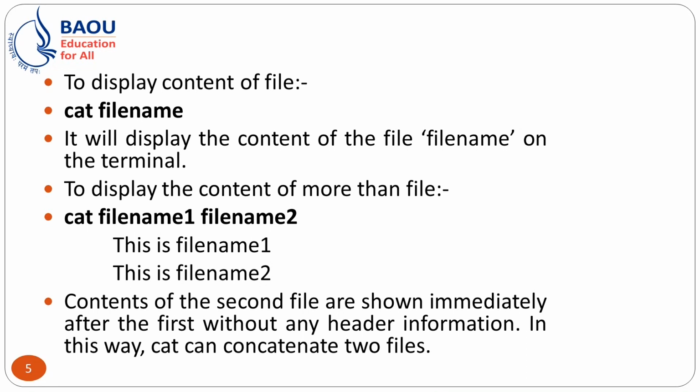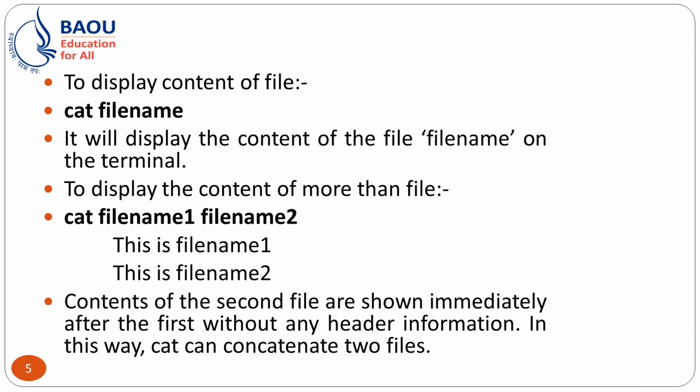Another utility of the cat command: suppose you want to concatenate the contents. That means you have created multiple files and you want to see all the contents in merged form. That means file 1 content should be displayed as well as file 2 contents. In that case, you can use multiple file names after the cat command.